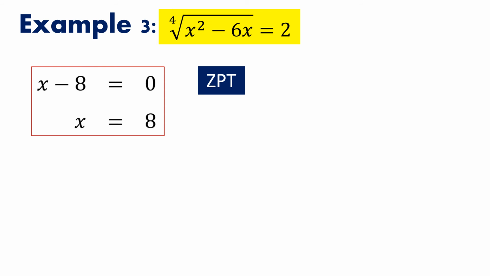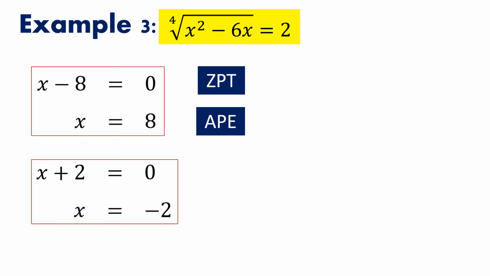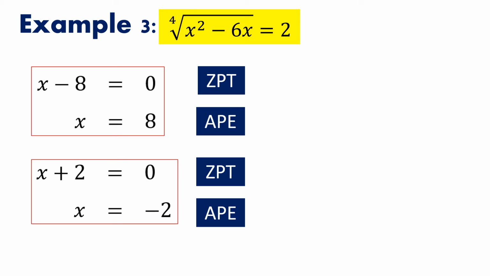We apply the zero product theorem. We also apply addition property of equality. We add 8 to both sides of the equation. We again apply the zero product theorem and the addition property of equality. We subtract 2 from both sides of the equation.